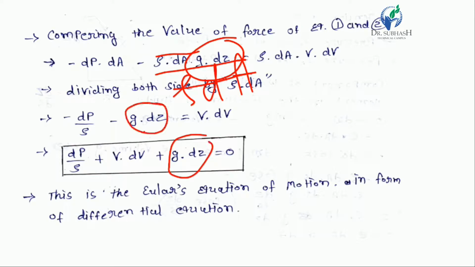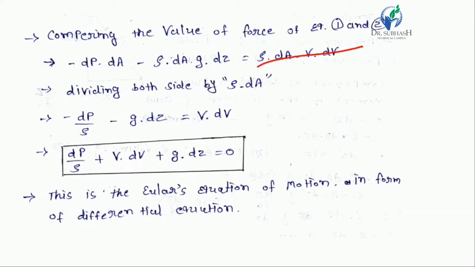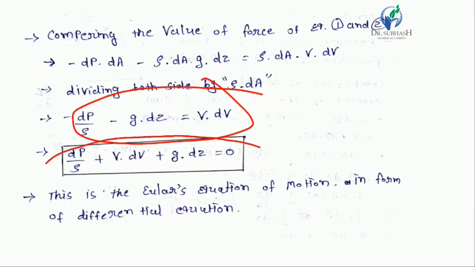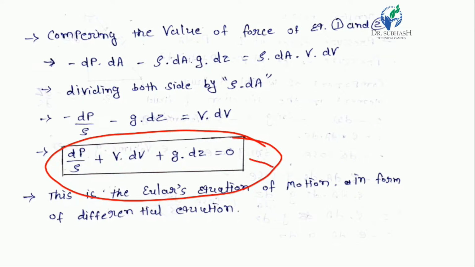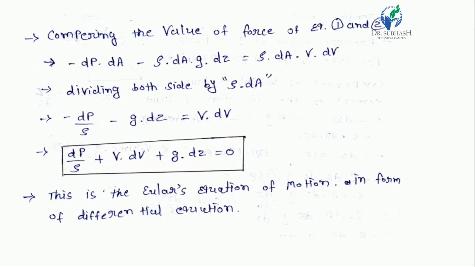On the right side, dividing by rho dA, rho dA cancels, so the remaining is v dv. Now take all the terms to one side of the equal sign. We write dp upon rho plus v dv plus g dz equal to 0. This is Euler's equation of motion.